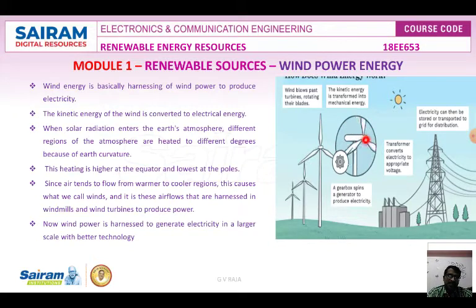Whenever air falls onto this fan, it makes the blade rotate, which makes the turbine rotate, and electricity is produced with the help of the generator and distributed for consumer purposes.